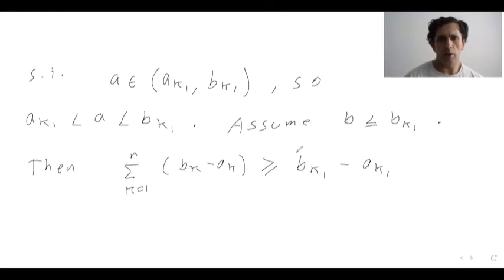So what do we have here? b_k1 is, we're assuming, bigger or equal to b.